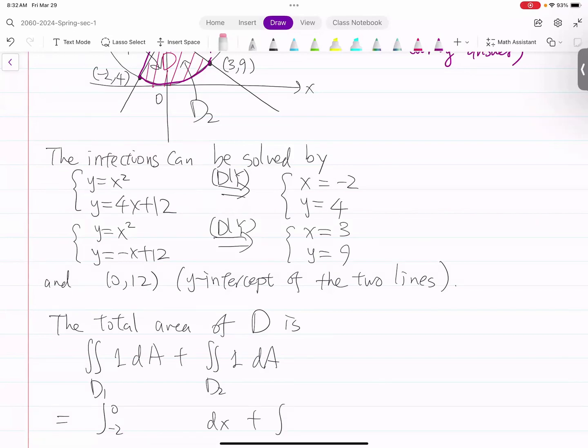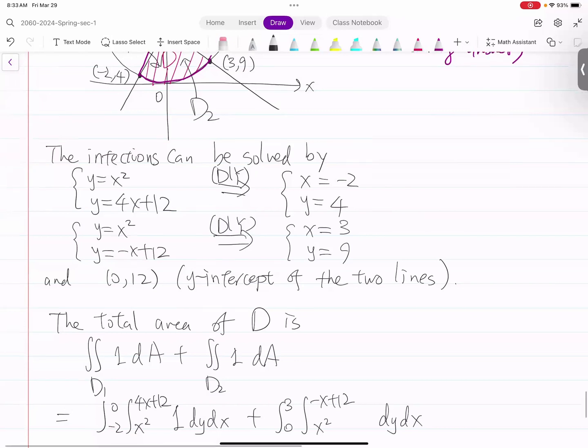D2 goes from 0 to 3, dx. And then for y, here we have x squared as the lower bound, and the increasing line is x plus 12, I believe. And then for the other piece, I have the lower bound to be the same parabola. The upper bound is negative x plus 12.